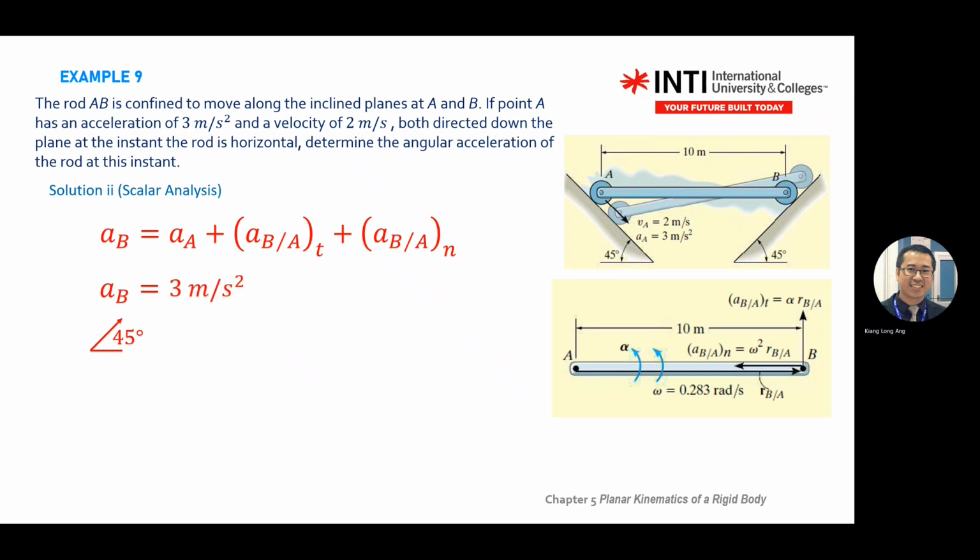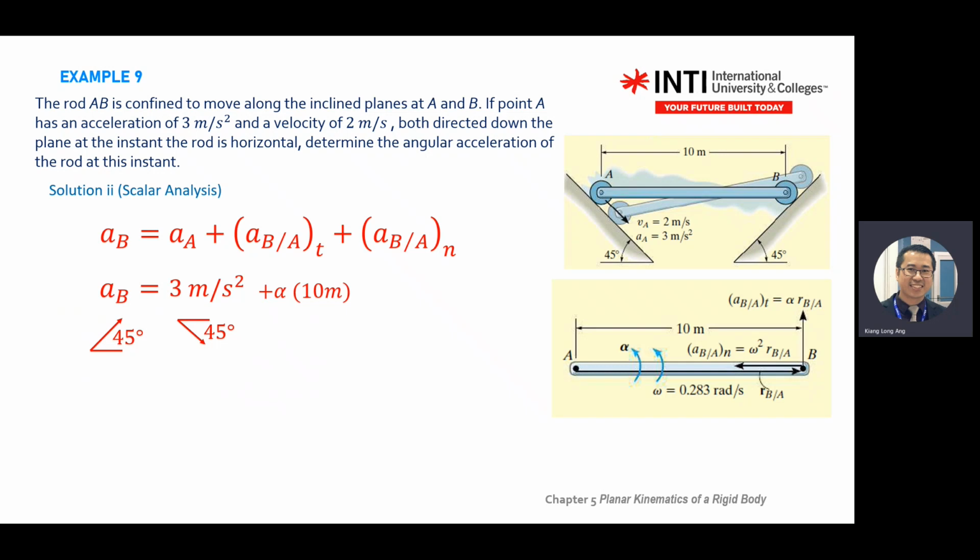This one, A was moved down, 45. This one, A to B, is alpha. It rotates this way, right? So alpha tangent, what is alpha tangent?